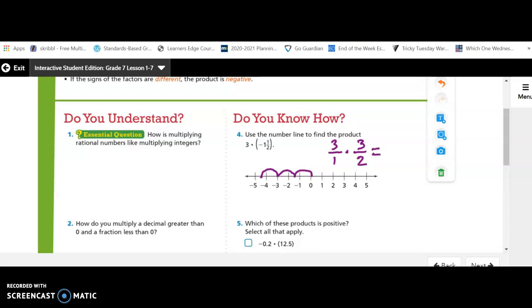So 3 times 3 is 9. And 9 divided by 2 is 4.5, which sure enough, negative 4.5 is right there where I landed on my number line. So of course we need to remember that that negative sign carries. A positive times a negative equals a negative answer.